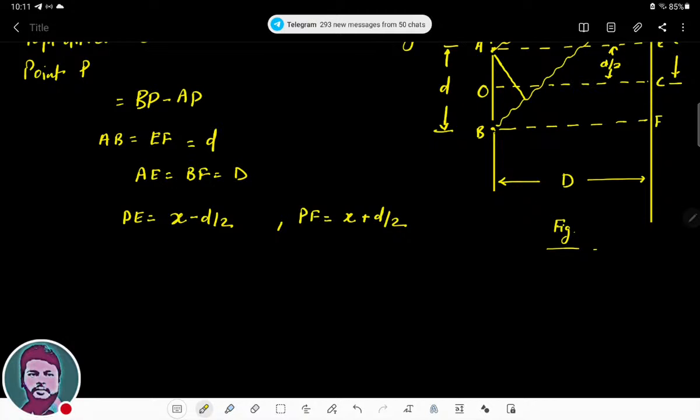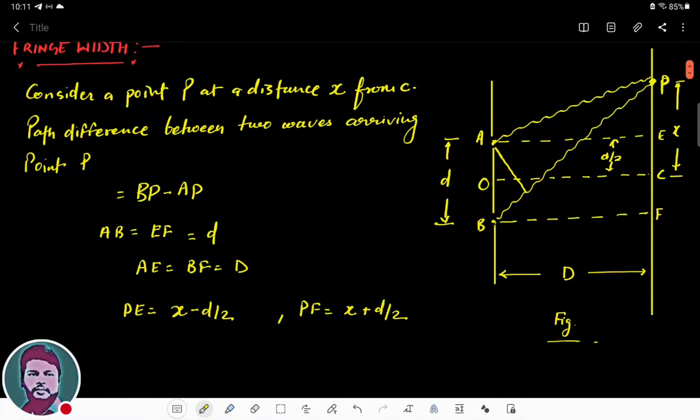All right, and why are we writing all these distances? We have to calculate the path difference between the two, and we have to calculate the values of BP and AP. Here we can see that we have two right angle triangles, APE and BPF.